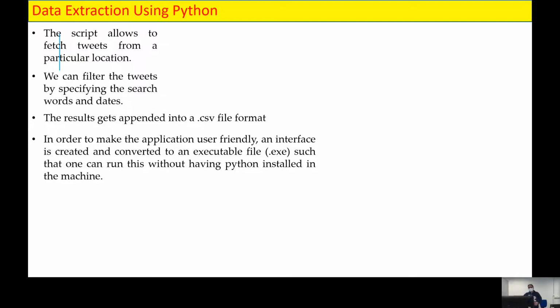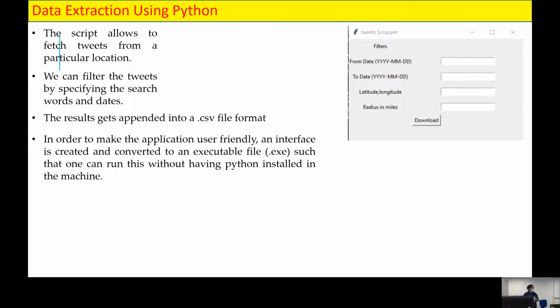This script is understood by the programmer and not by common people. So we converted this script into an executable file so normal people can use it, and then created an interface like this.